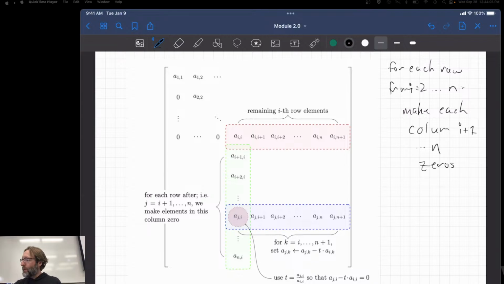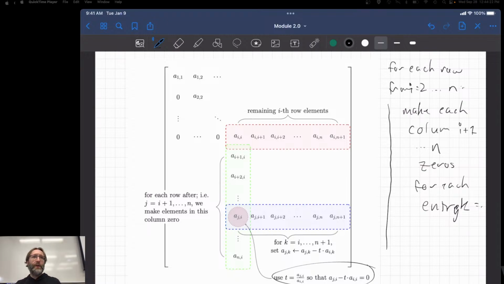So I've got this for loop, and then I've got this nested in here. Now, how do I make it 0? Well, for each entry k, make it 0 by doing this equation down here.